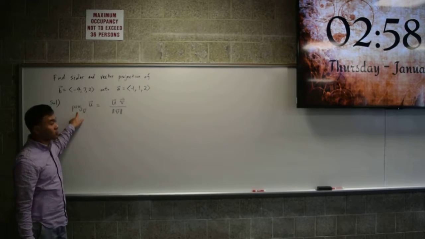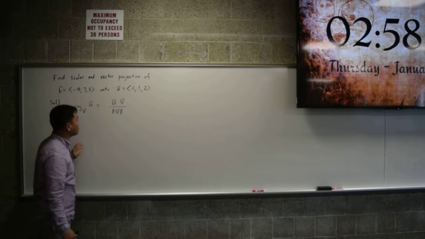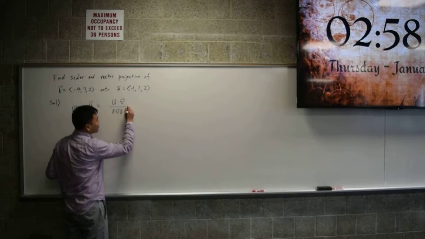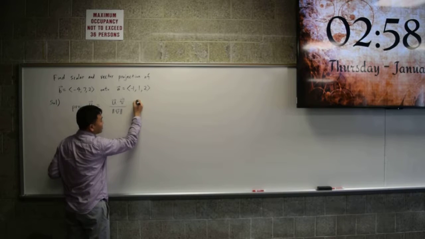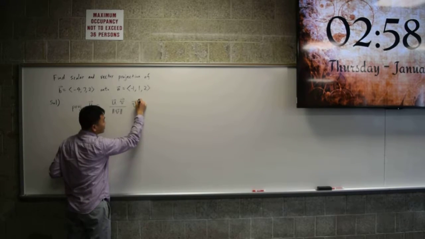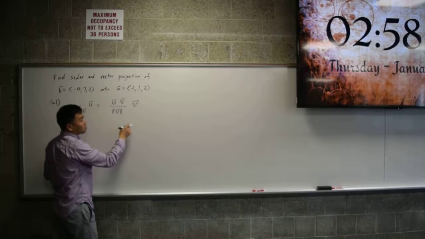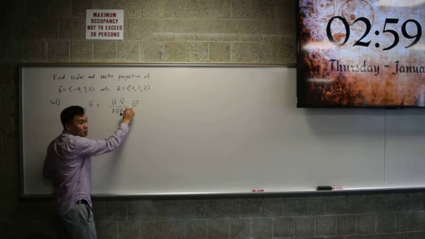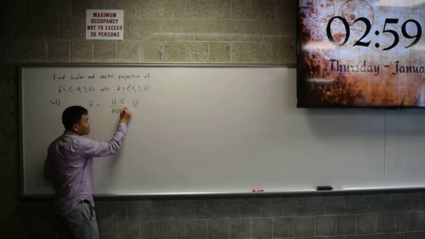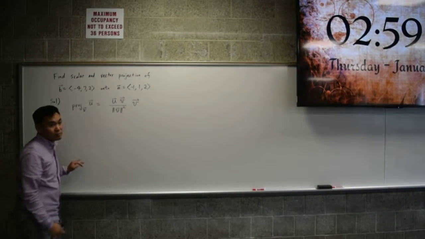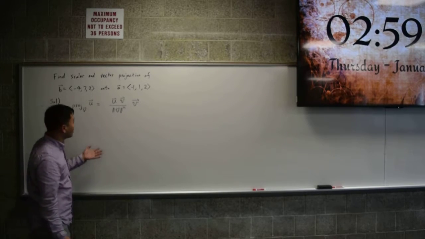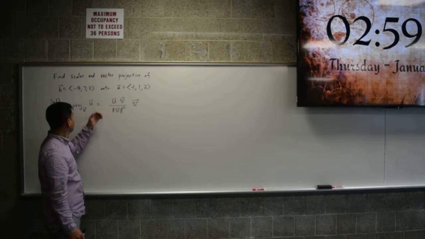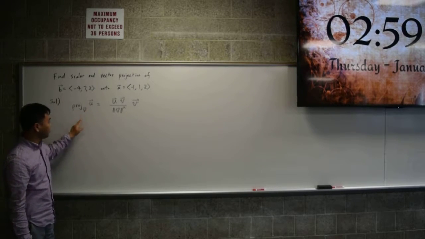However, projection is a vector. So you need to make this into a vector, so you multiply this by the direction v. But the problem is this doesn't have size 1, so you need to divide this vector by another size of v, so this ends up getting squared. And if you do that, then you have a vector which is a projection of this vector onto v.